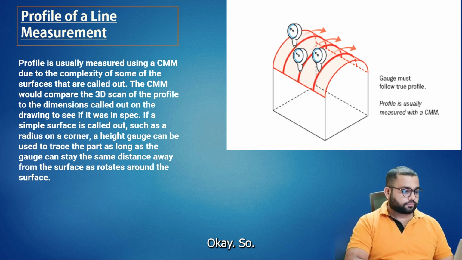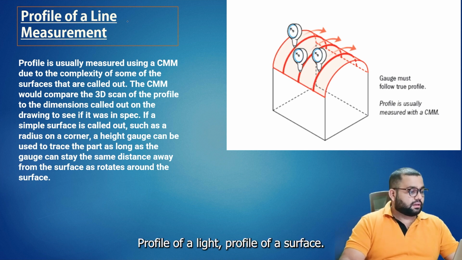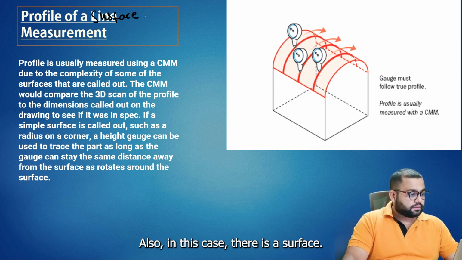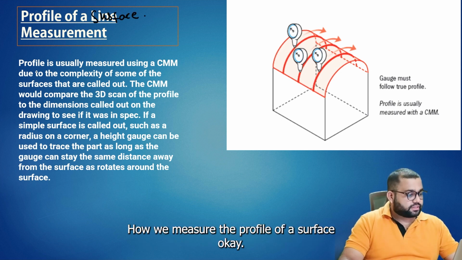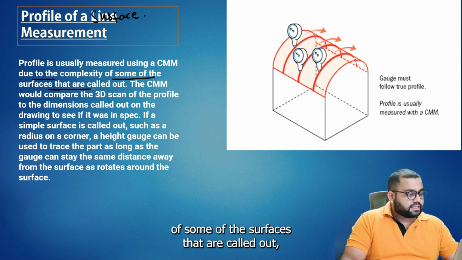Okay. So profile of a surface. Oh, sorry. In this case, there is a surface. How do we measure the profile of a surface? Profile is usually measured using a CMM due to the complexity of some of the surfaces that are called out.